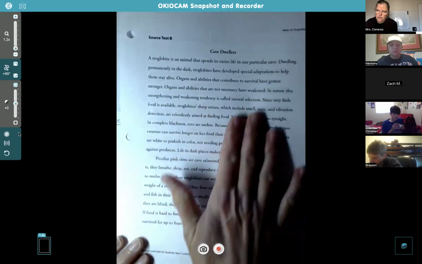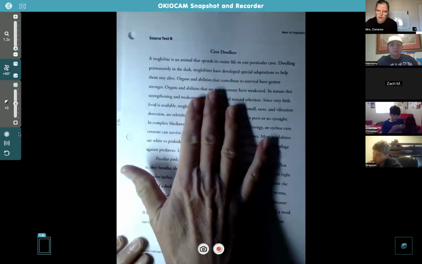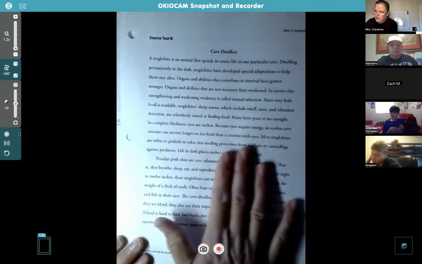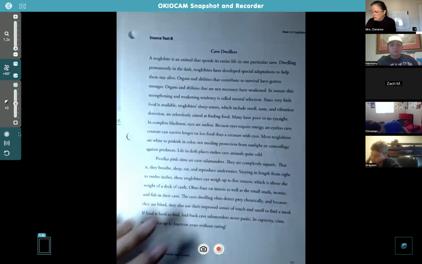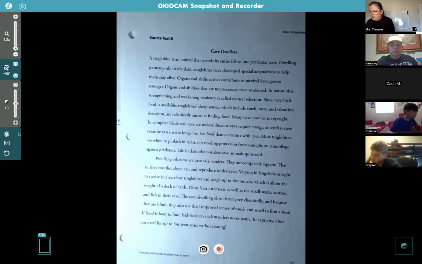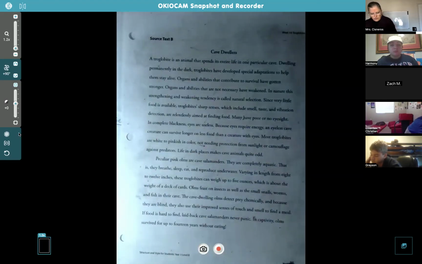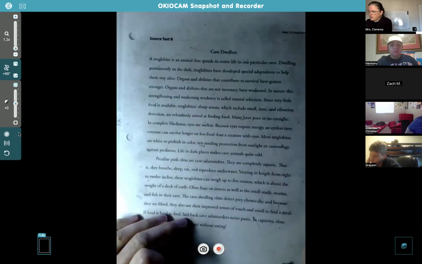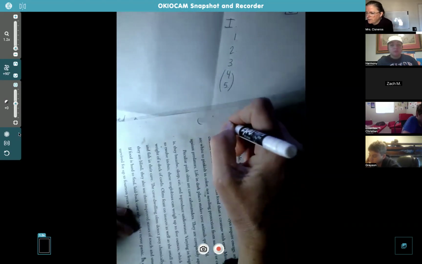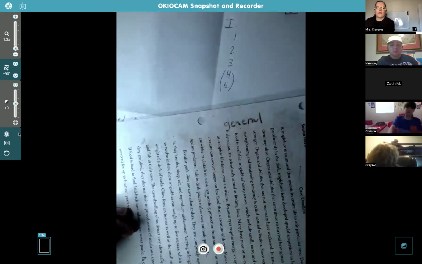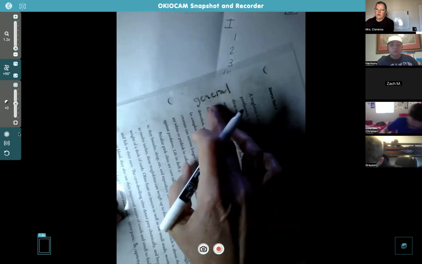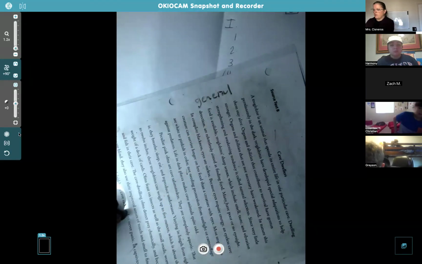So that's how I skim. I pick out just a few words here and there, and I can tell this one's more general. Again, it's introducing what these troglobites are. And so I'm going to still call this one general because it's not telling me any specific troglobite, but it is telling me what they are, like what type of an animal they are. So go ahead and at the top of that or next to that first paragraph, we'll call it general.